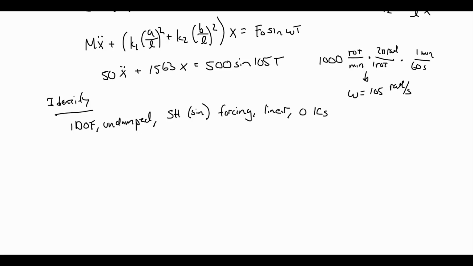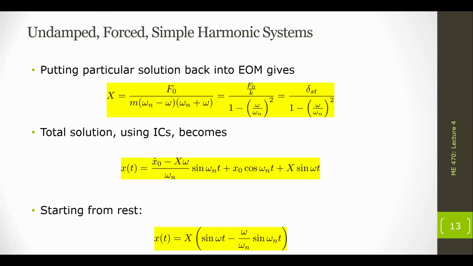And looking at our pre-made solution, we can use the bottom one for x of t because we are starting with 0 initial conditions. So starting from rest, 0 initial conditions, that's going to be our closed form solution to our x of t here.